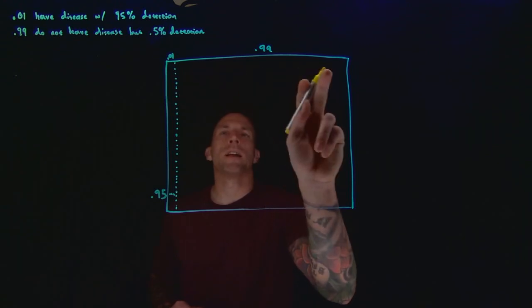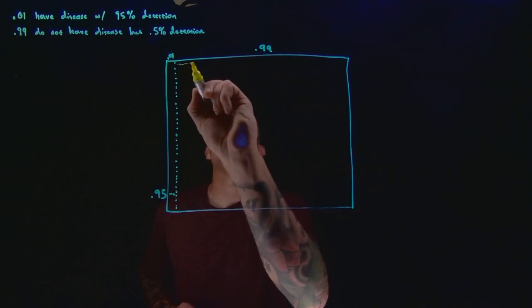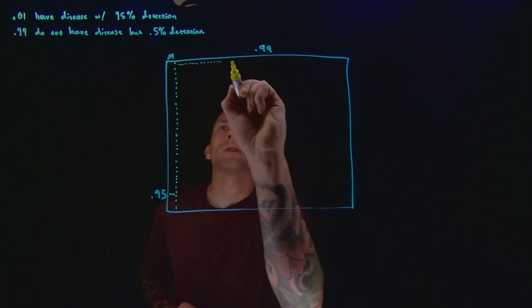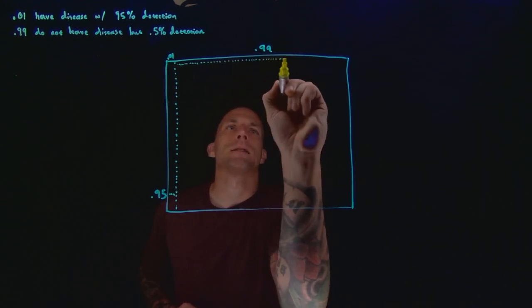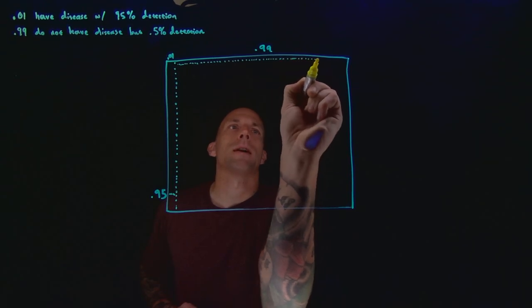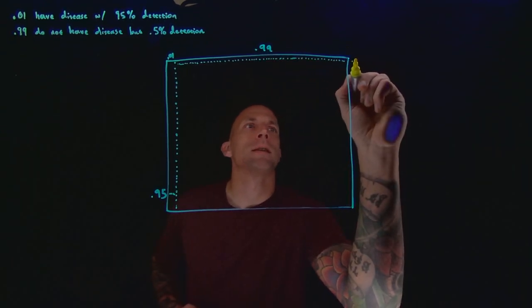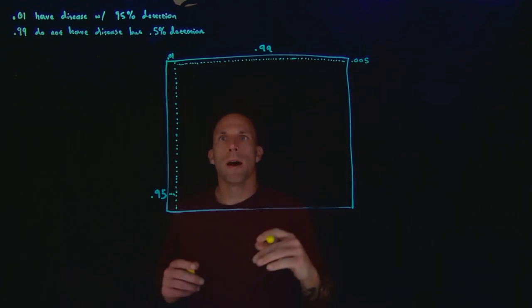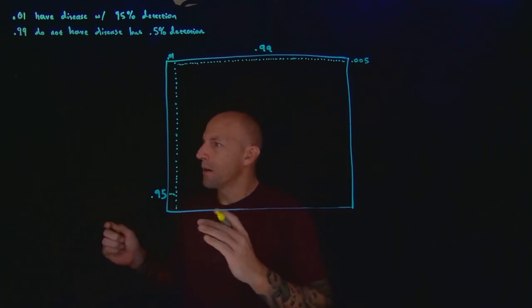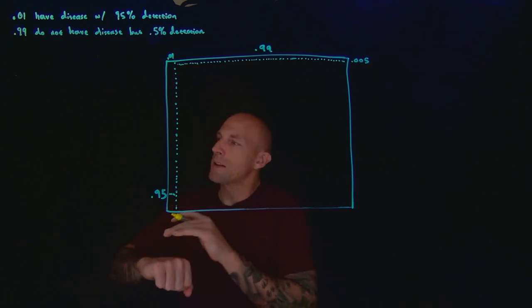And then of this 99% that does not have the disease, we're still going to get just this tiny little sliver, 0.5% of the population of this 99%. The test is going to show a positive anyway. It's called a false positive, .005.